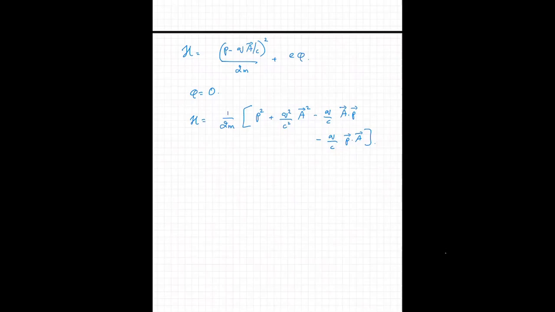Okay, and since I'm dealing with a hydrogen atom in the ground state, the charge is basically the charge of an electron. So in this case, q is basically minus e. Okay, so I can write my H further as P squared over 2m plus e over 2mc times (A dot P plus P dot A). Okay? So this is what I have.